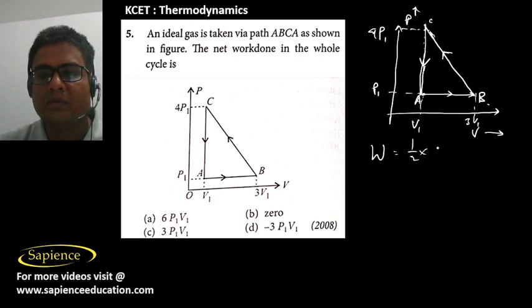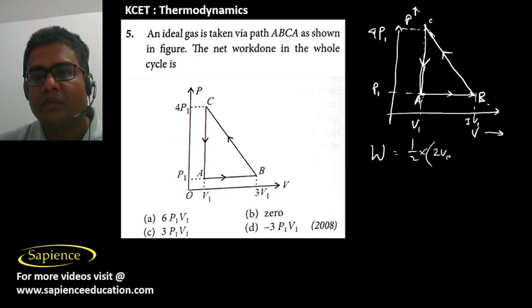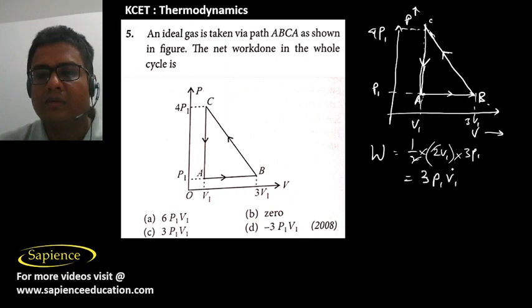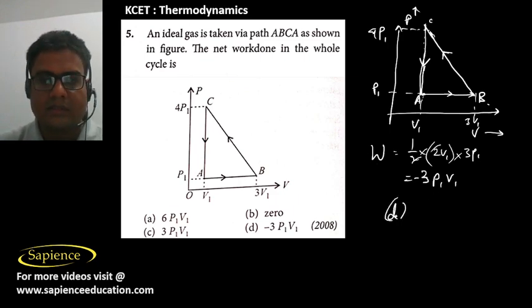Now half into base: base is 2V1 and height is 3P1. So that is 3P1V1. But we have to take the negative of that since the work done is negative. So option D is the correct answer.